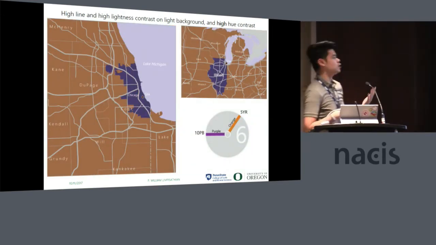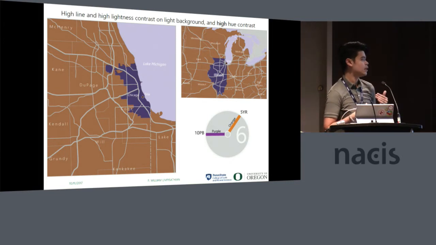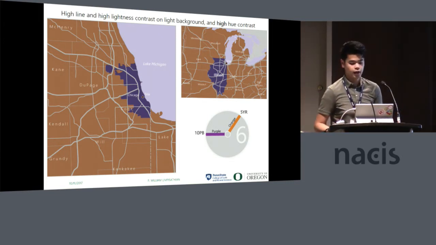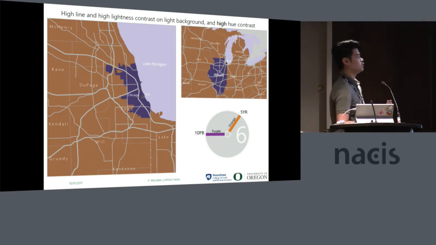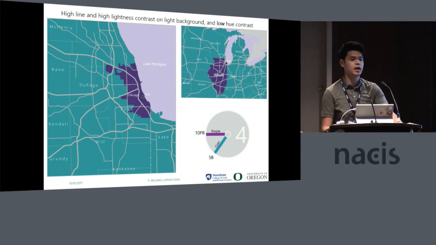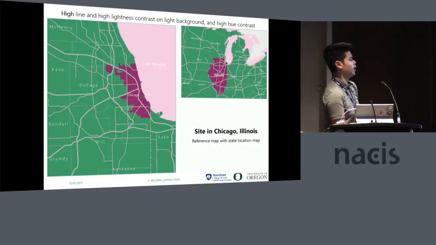And then we have the hue. High hue contrast basically uses hues that are located farther away from each other on the color wheel, so they're more complementary, versus low hue contrast, which uses more adjacent and analogous colors. Together, they're applied with 2 levels of line variation.